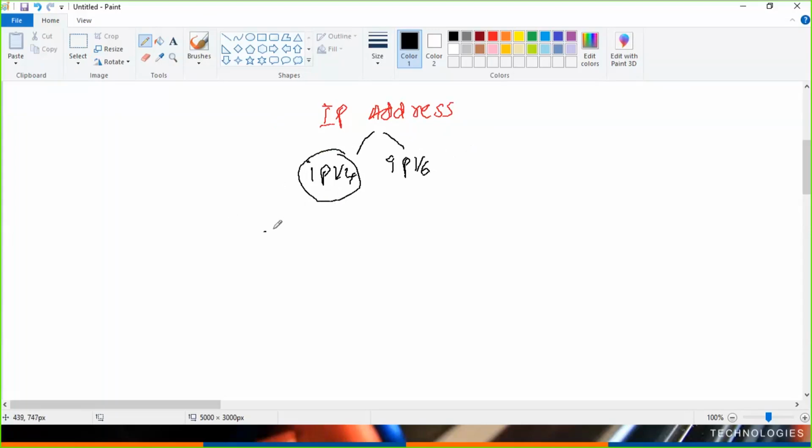IPv4 is a 32-bit address. Bits means zeros and ones. So an IPv4 address is a combination of 32 zeros and ones. Let us take 32 zeros and ones and discuss.